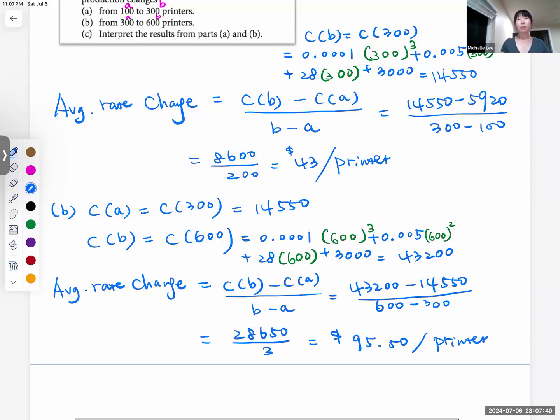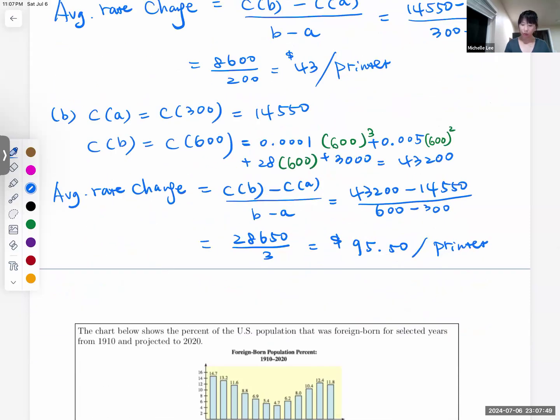Okay, so part C, interpret the result from part A and B. So let me do here. On average, for the first one, it cost $43 per printer, right?